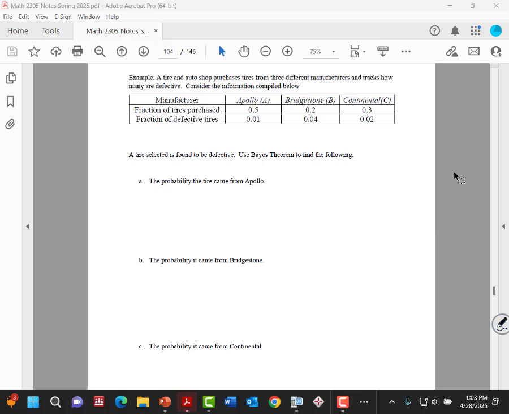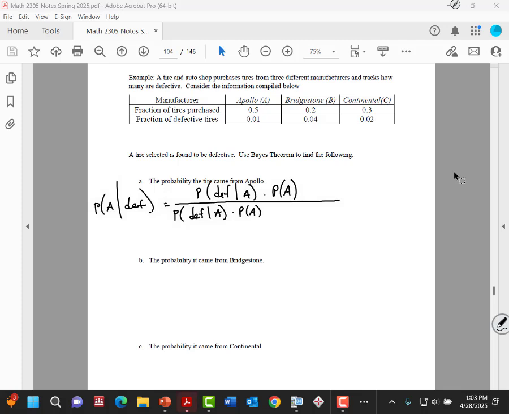So, the probability that it came from A, given that it was defective, would be the probability that it was defective given A times the probability of A over the probability of defective given A times the probability of A plus the probability that it was defective given B times the probability of B plus the probability that it was defective given C times the probability of C. So let's compute this numerator.